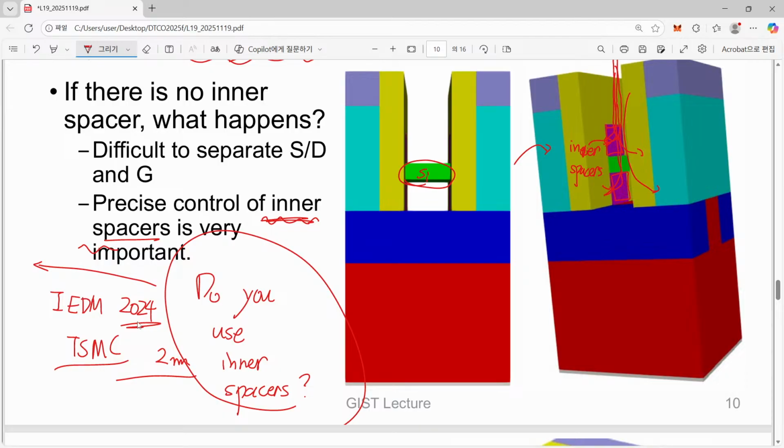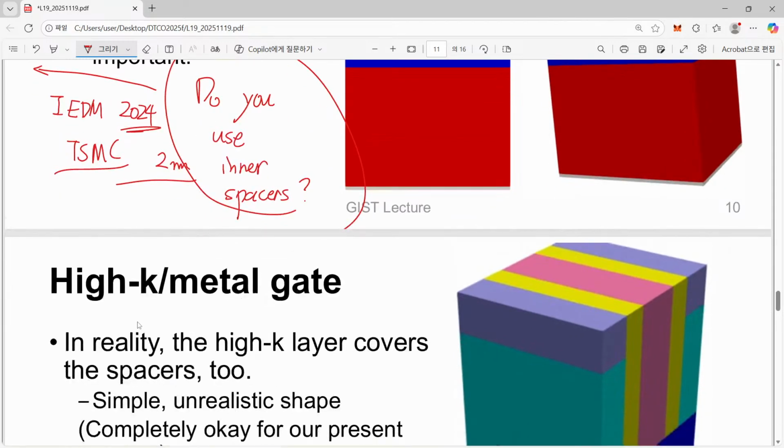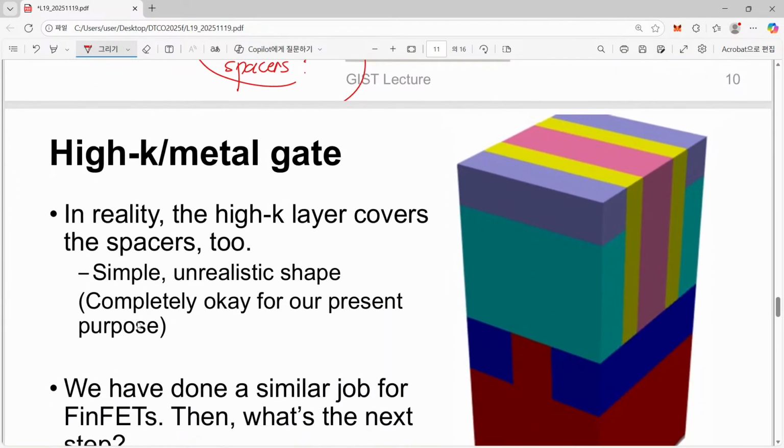And the concept of inner spacer itself is simple. However, controlling that thickness, how can we precisely control the amount of silicon germanium etching? That is the critical thing we have to consider. That is nothing related with our computation. So on the fabrication side, we should be able to control it accurately.